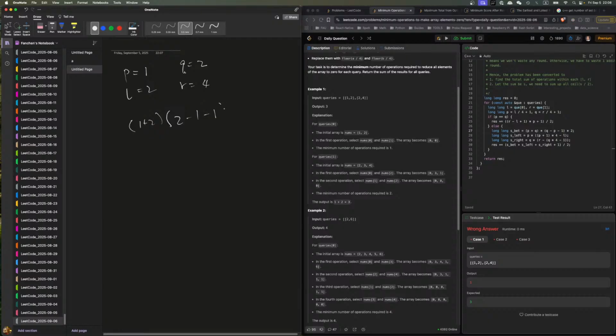That's 0 times 2 is 0. That's correct because there's nothing in between. So S left is going to be P times P plus 1 times 4.